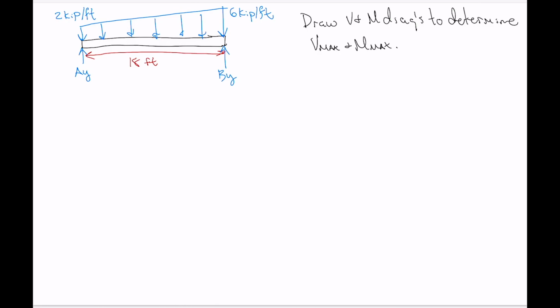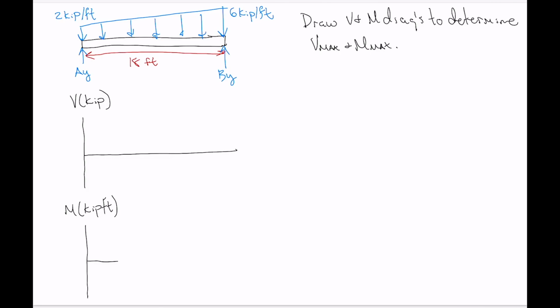Okay. So first things first, let's set up our axes for shear and moment. So we've got V. All the loads are in units of kip, so we're going to draw our shear diagram in units of kip. Here's the axes being set up. And then our moment diagram. We've got kip and feet, so let's do this in kip feet. Okay.